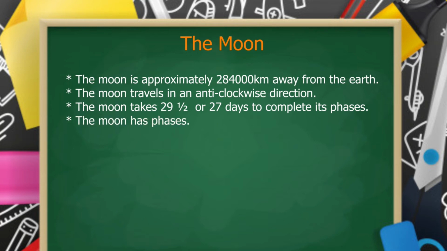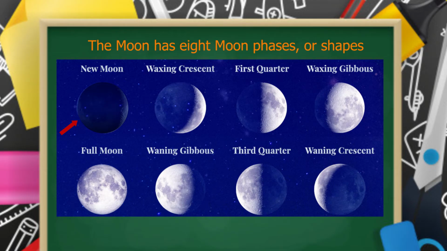The moon has phases, and we're going to look at them. There are 8 such phases. We have new moon, waxing crescent, first quarter, waxing gibbous, full moon, waning gibbous, third quarter, and waning crescent.